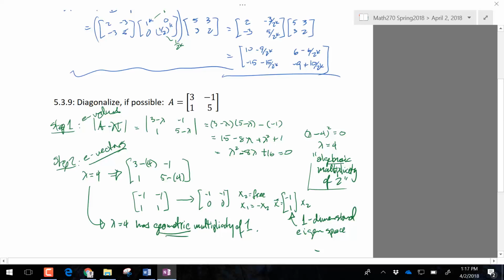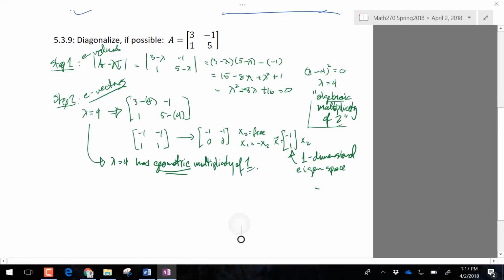And geometric and algebraic multiplicity should match up if this thing was to be diagonalizable, but they don't match up. So this has algebraic multiplicity 2, geometric multiplicity of 1, so this is not diagonalizable.